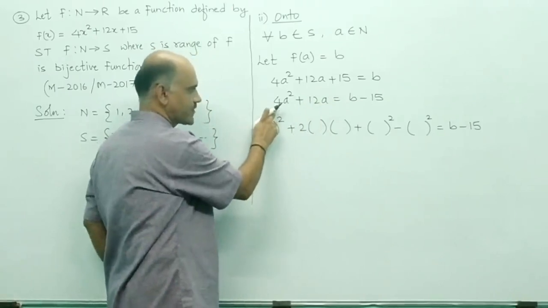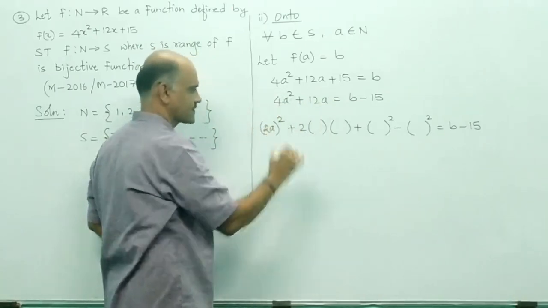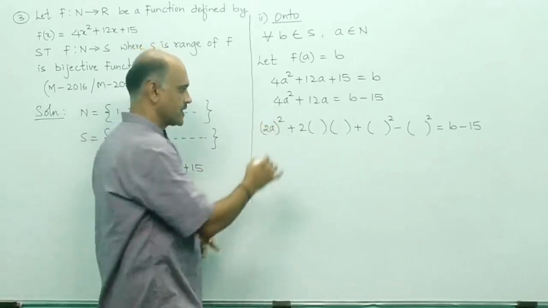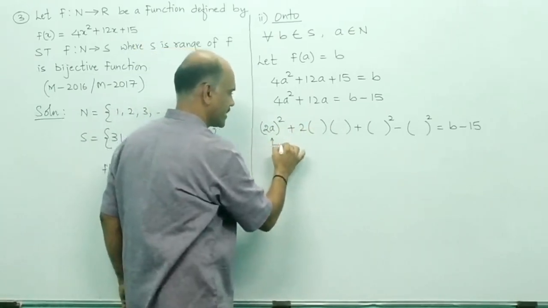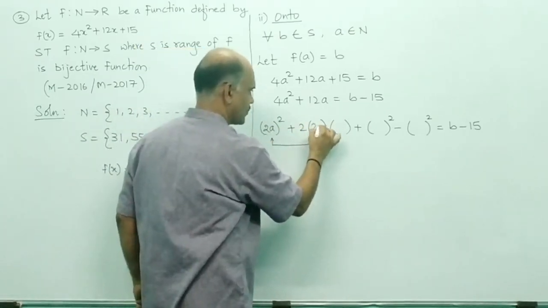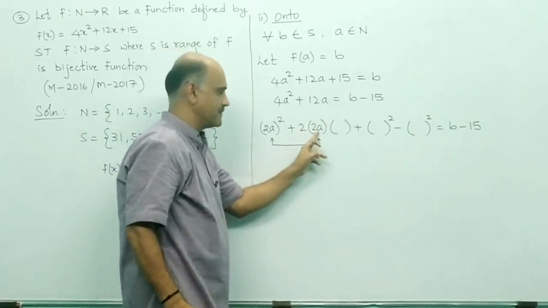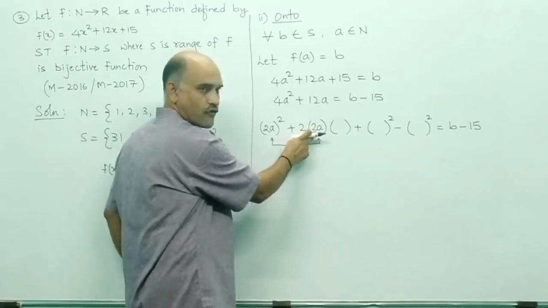So here a square, so 4a square I can write it as 2a bracket square. So 2a bracket square is 4a square. So 2 times 2a into b, you should multiply these and you should get 12. So 2 into 2 is 4.